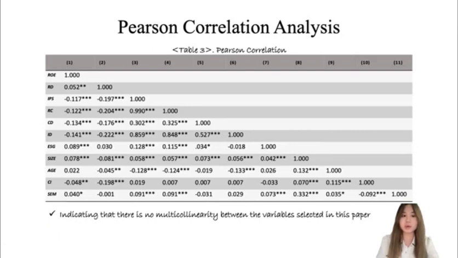So through this table, the result shows instability of policy system, regime conflict, and institutional distance are highly correlated, where the correlation between other variables is relatively small. So there is no multicollinearity between the variables selected in this paper. And that means regression analysis can be conducted.